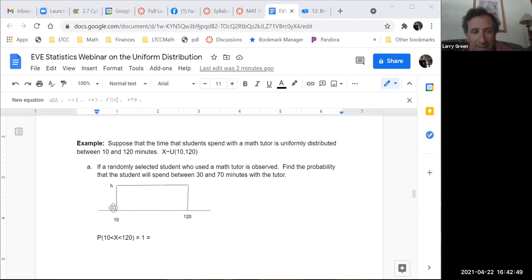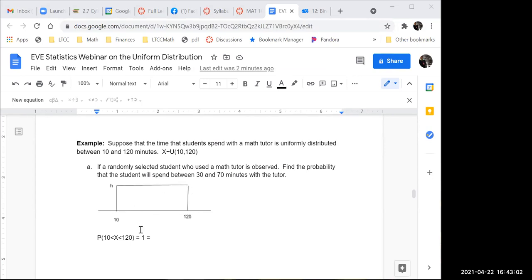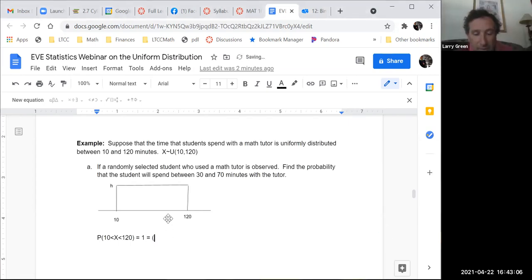So how do we find the area of this? Between 10 and 120 is the whole area. Remember, we have a rectangle. Subtract 10 from 120. Right. So we take 120 minus 10. That's the base. What do we multiply that by?